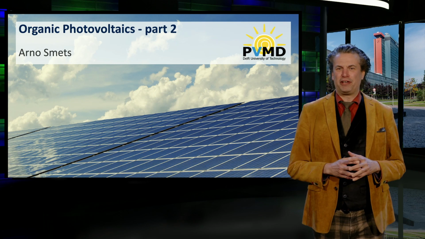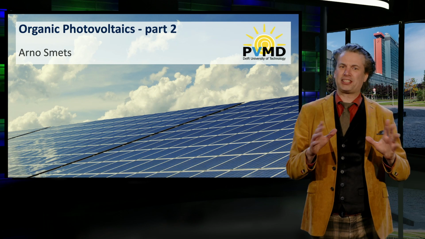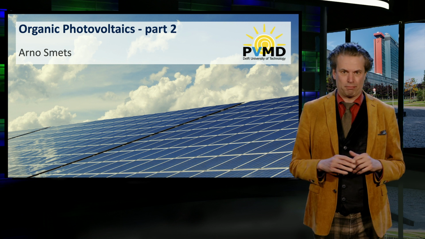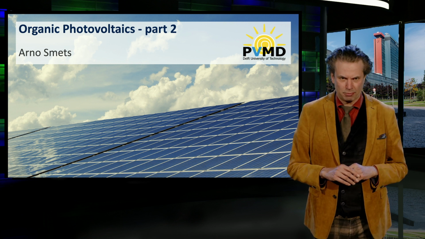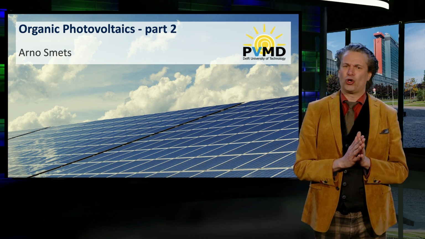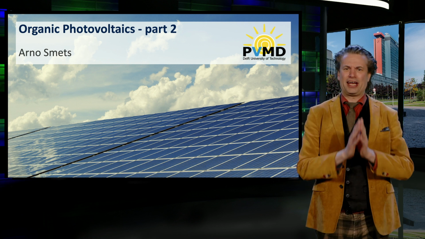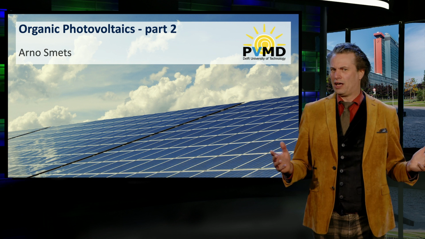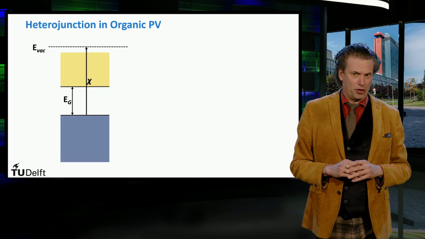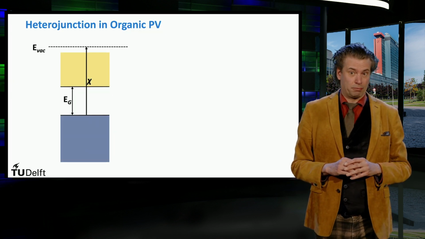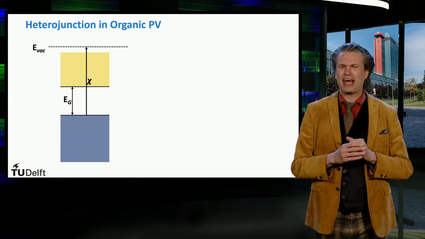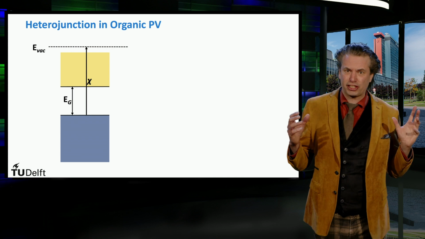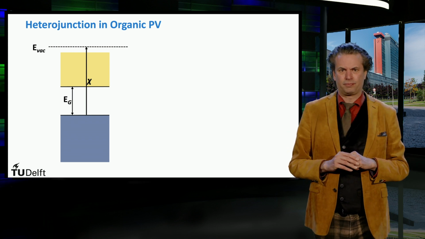In the previous video, I introduced you to the concept of exciton and organic materials that can act as an electron donor and an electron acceptor. Let's make a solar cell using organic materials. Since doping is not preferred in organic materials, by intelligently using intrinsic materials, we can initiate charge separation in an exciton.